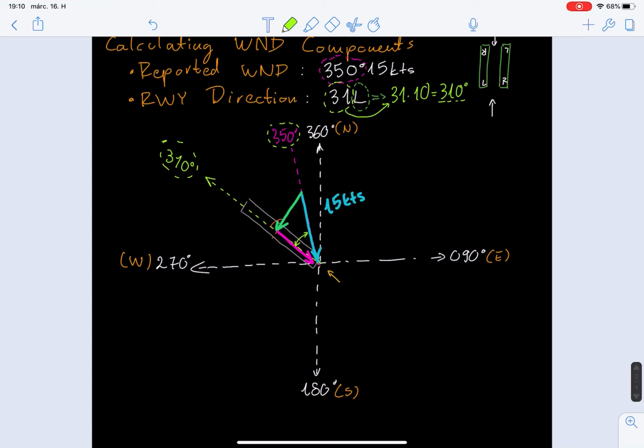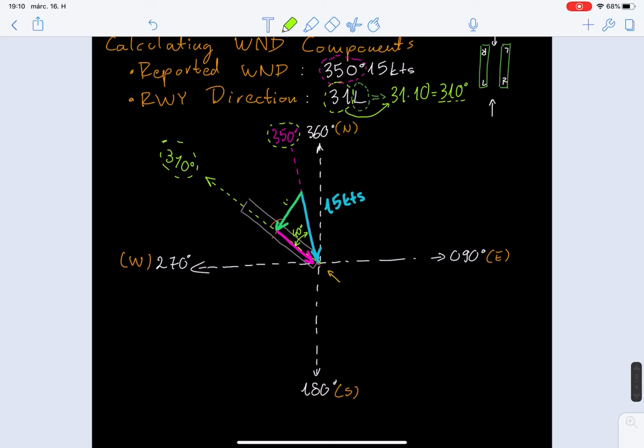Does that make sense? So you're looking at this smaller angle right here. This angle is between direction 350 and 310, and this is going to be 40 degrees.